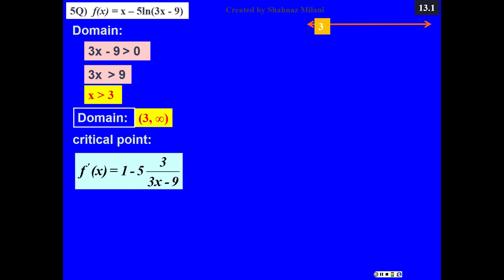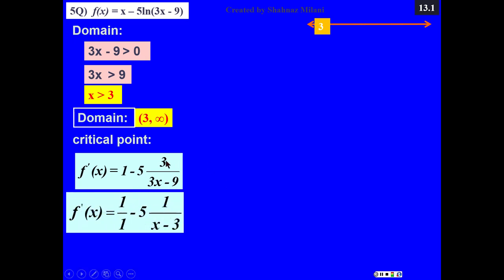The first thing I can see, in this part I have a 3, I have a 3, and I do have a 9. All my numbers are divisible by 3. Then the top one I would reduce by 3, and then this one is gone, and this one is gone. It becomes x minus 3.